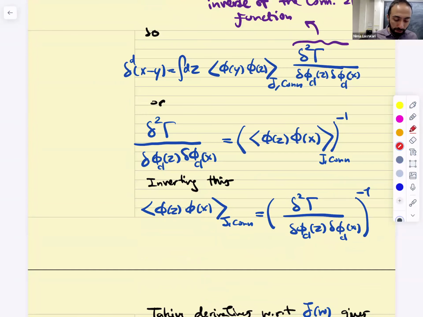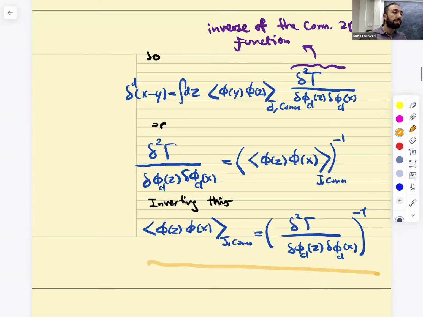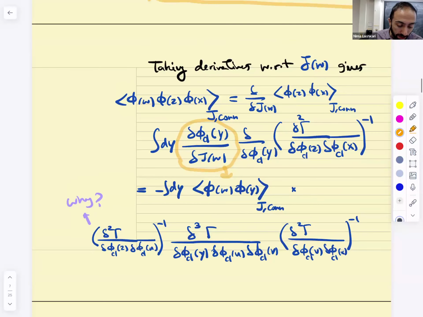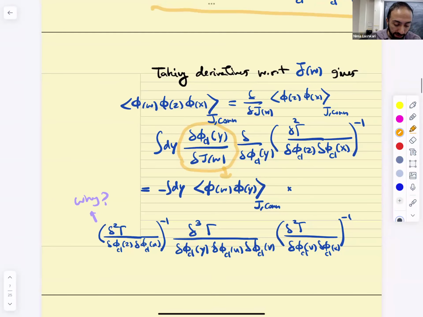Good. And maybe I should pause here because I'm going to build on that, right? Is that clear? So I did this argument to tell you that the first derivative of the effective action is just J. The second derivative of it formally looks like the inverse of the connected 2-point function.